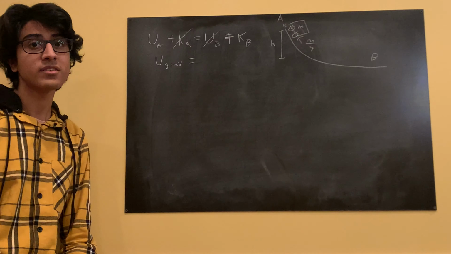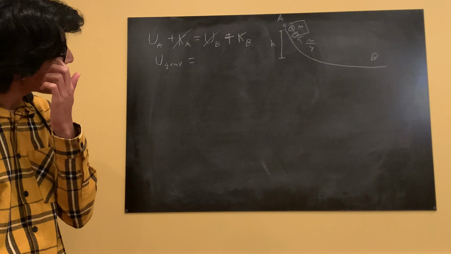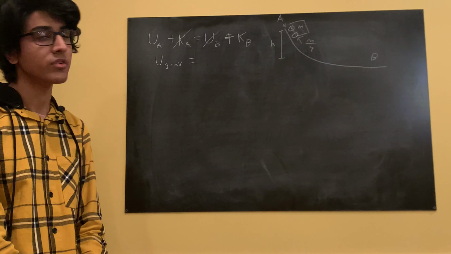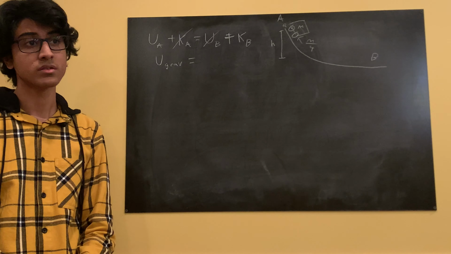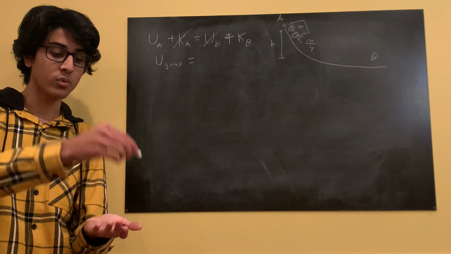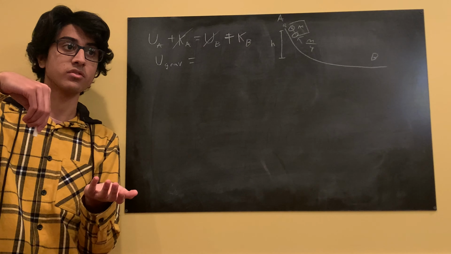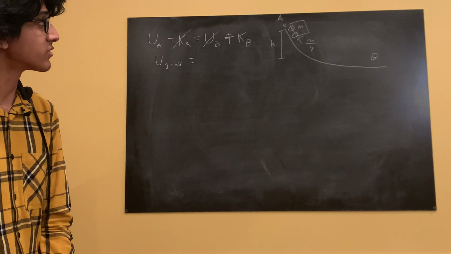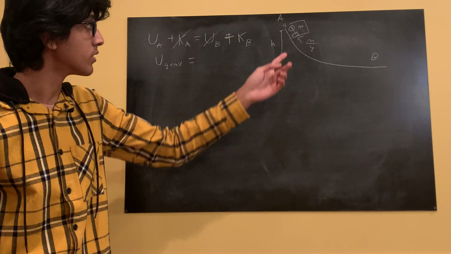Oh, and something good to understand is that this has friction, because the only way for something to roll is through friction. If you had a wheel on a surface that was frictionless, it would just slide and not rotate. So this has friction, and that's what's causing the wheels to rotate.